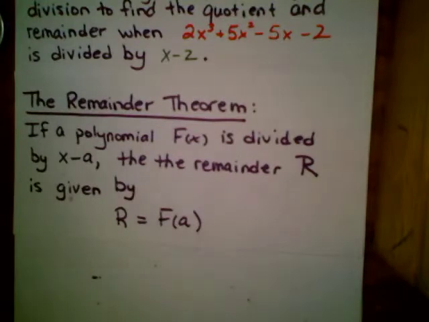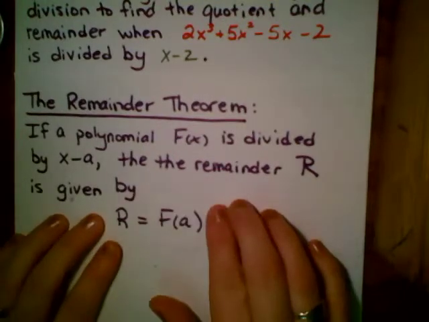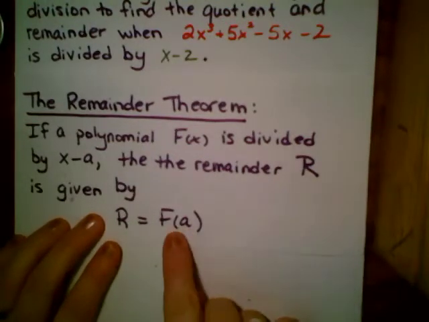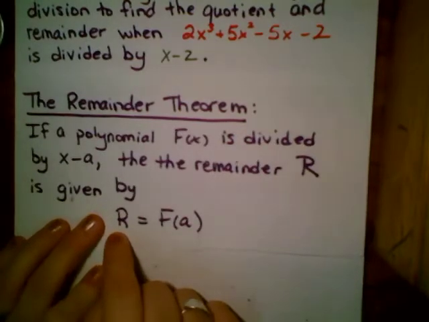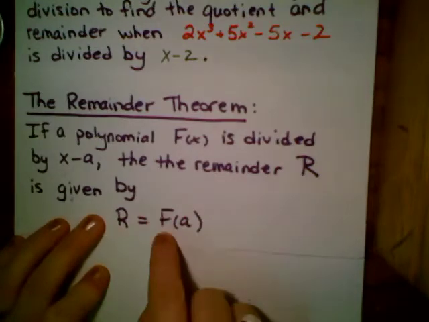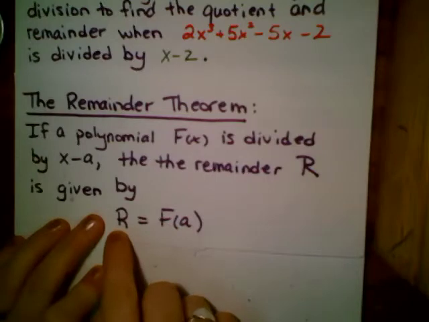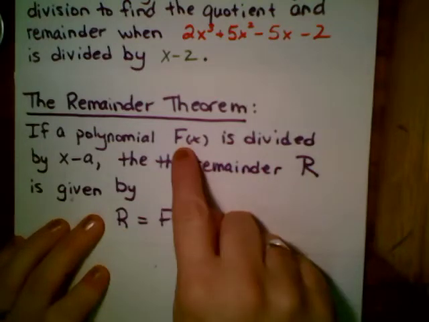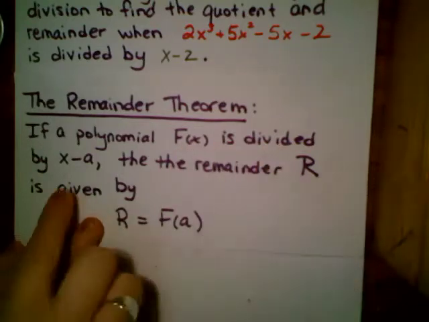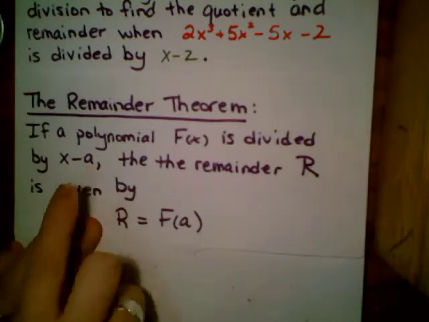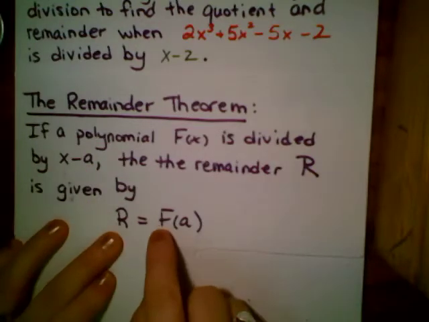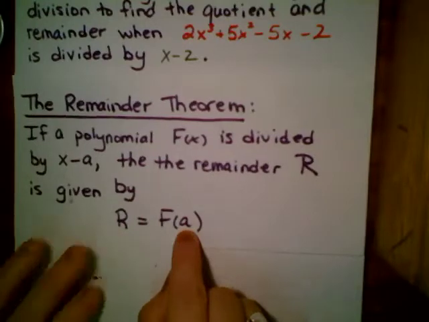Okay, so there's a connection between evaluating a polynomial at a number a and the remainder when you do division by x minus a. So there's a connection between evaluating a function and finding a remainder. So if we start with an original polynomial, capital F, and we were to divide it by this factor x minus a, then the remainder from the division is given by f evaluated at a.